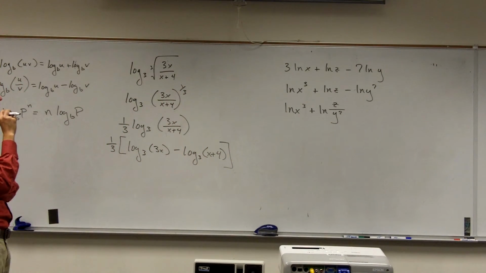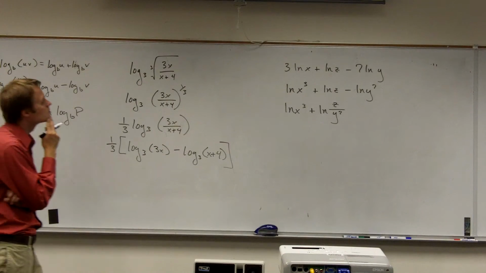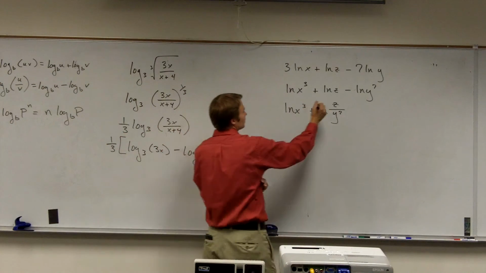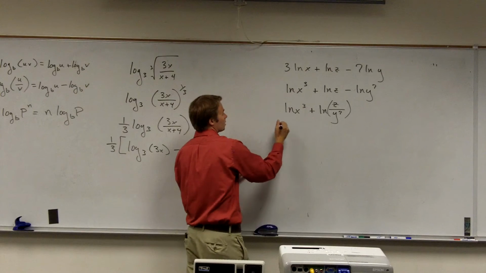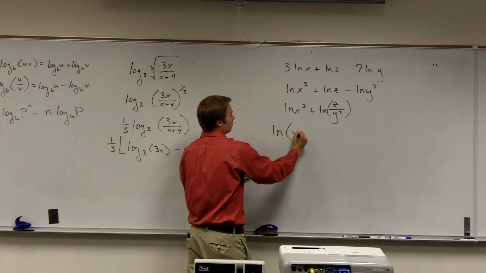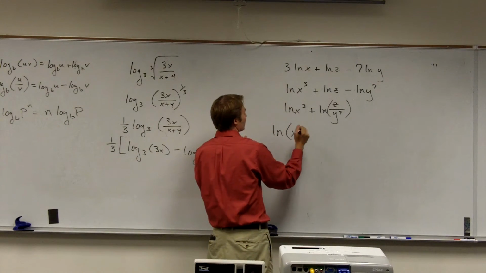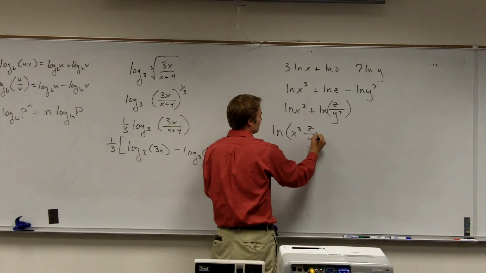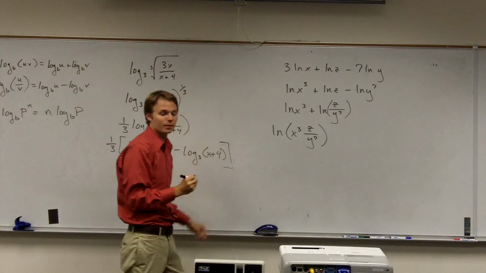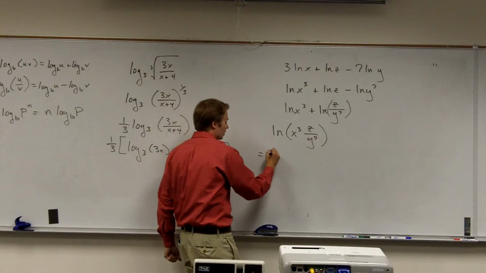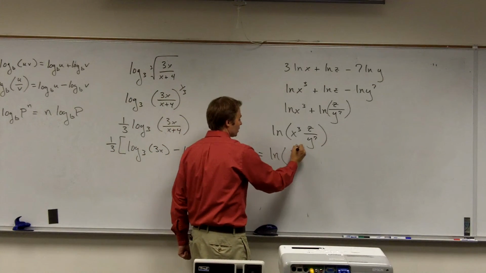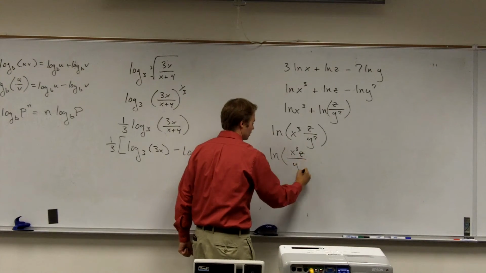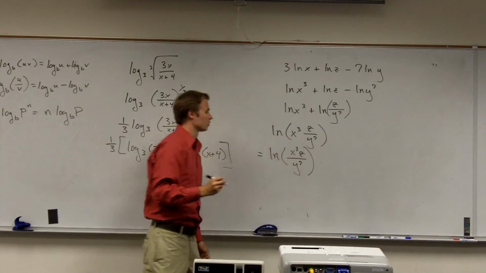And then what could I do next? Now it's the x cubed times that. Right, so using my first rule up here, going the opposite direction, this would be x cubed times z over y to the 7th. Or I could just combine this and make this x cubed z over y to the 7th.